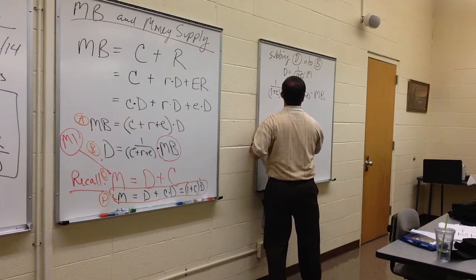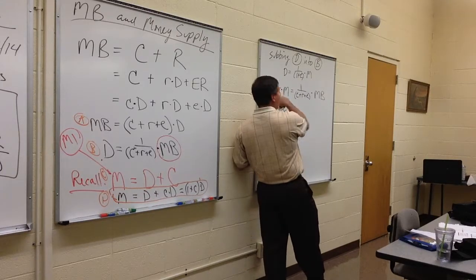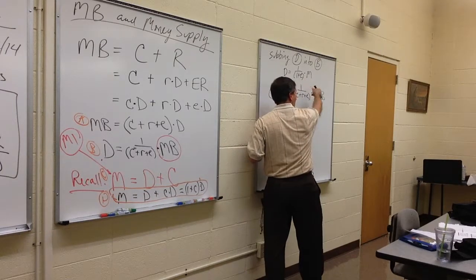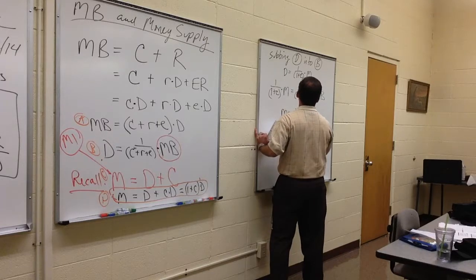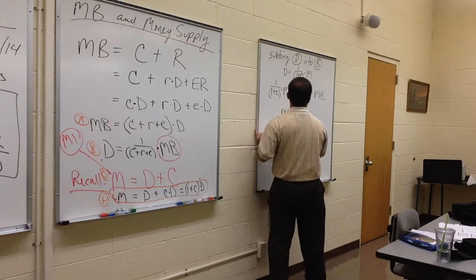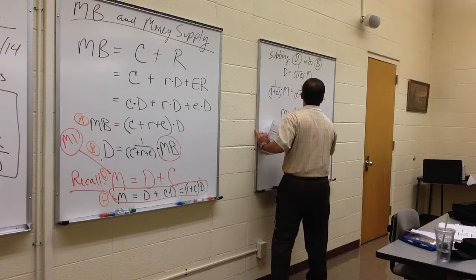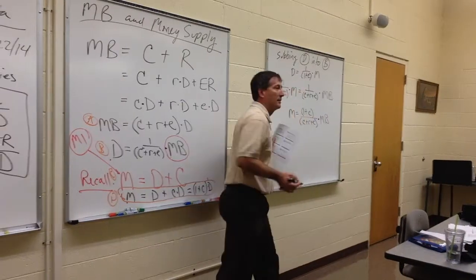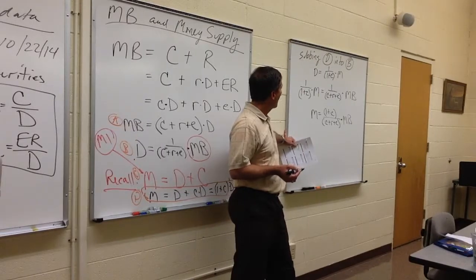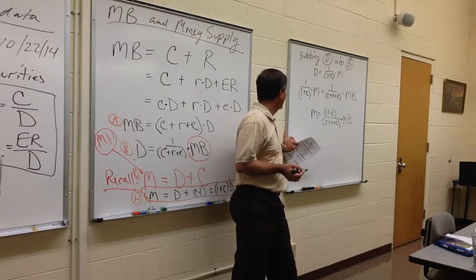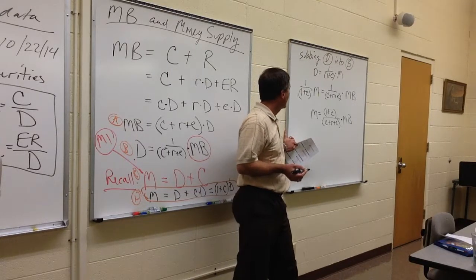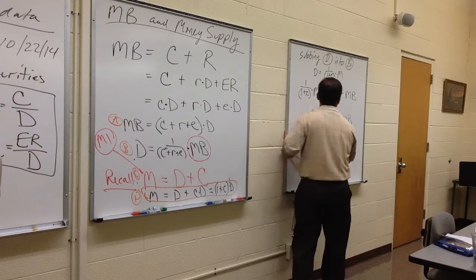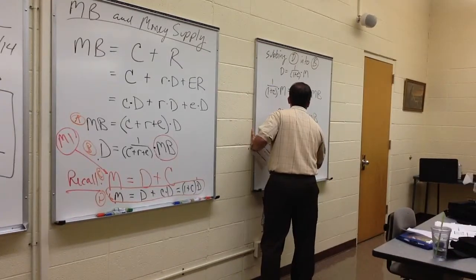Last step. This guy goes up top, 1 plus C over C plus R plus E. This is the money multiplier.